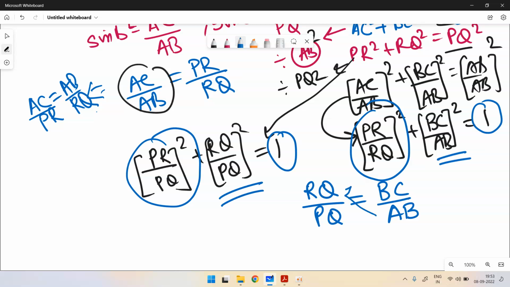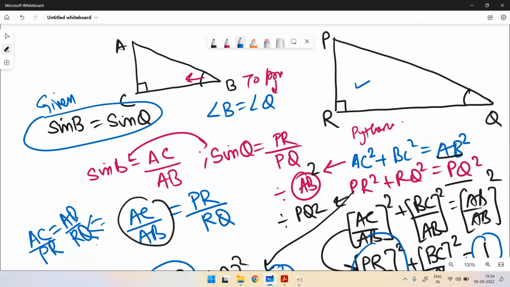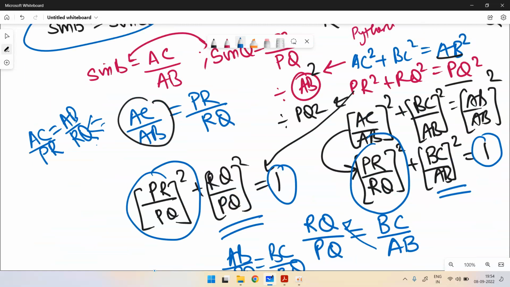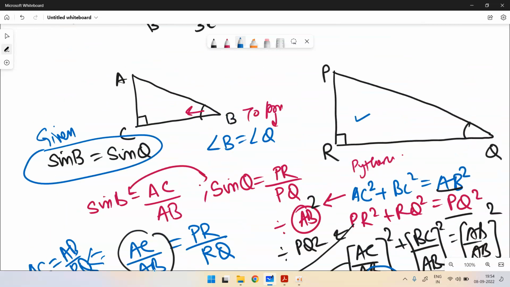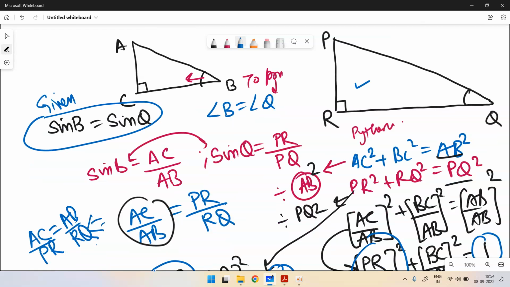If I take it as numerator, this will become AB by PQ equals BC by RQ. Sorry, this is PQ.